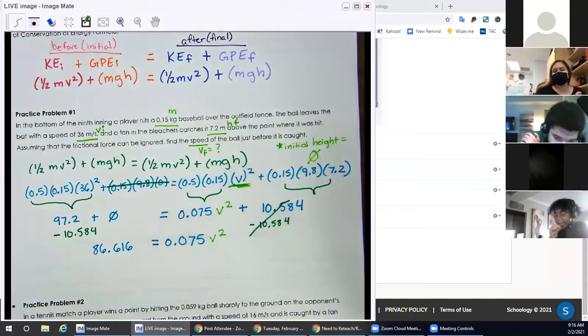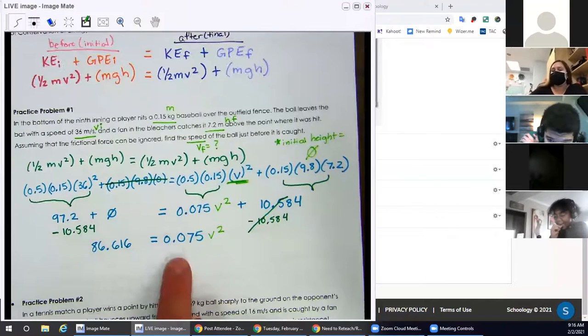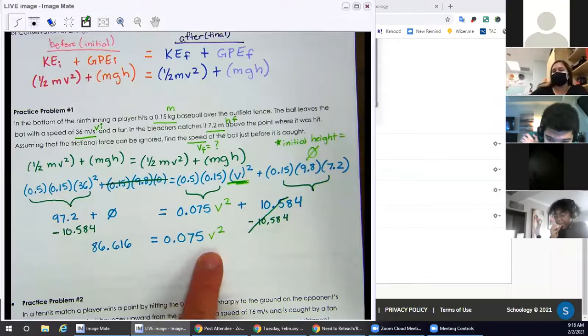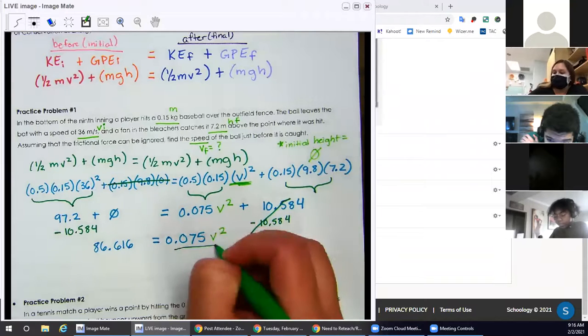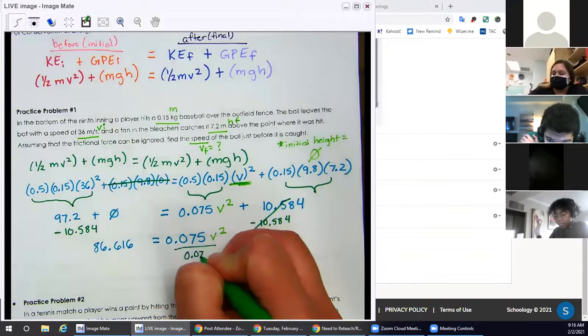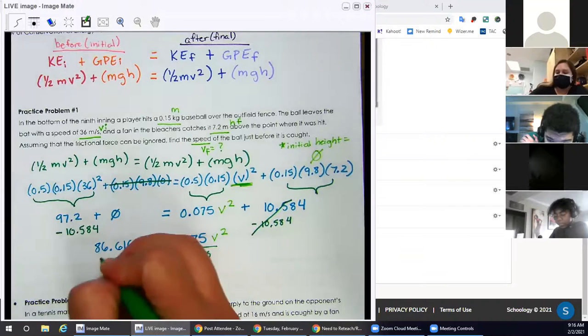Now again, using the rules of algebra, I need to get rid of the 0.075 to isolate my variable. Since it's being multiplied, you're going to do the opposite. You're going to divide by 0.075, and what you do to one side, you have to do to the other.